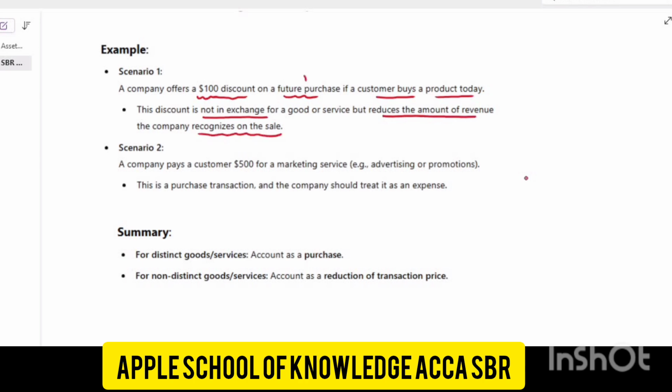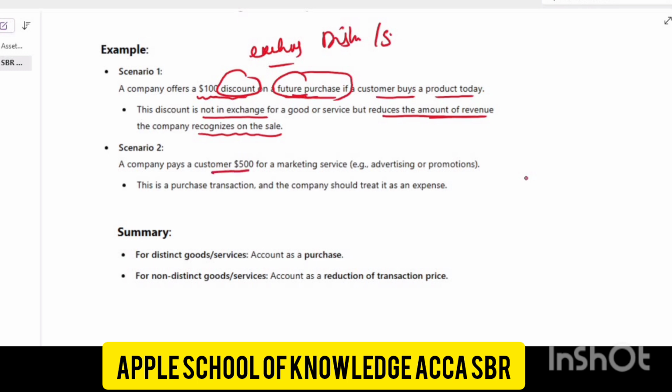So this means the future purchase, the consideration, you see the entity is paying to the customer. If they want to give a discount on a future purchase, this means that they will not receive any distinct goods or services. So that should be subtracted from the amount of revenue.